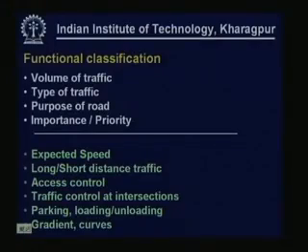So, again, the function is not the same. The importance and the priority of the road is also different; not all roads have equal priority. So, prioritization is also done for different roads.